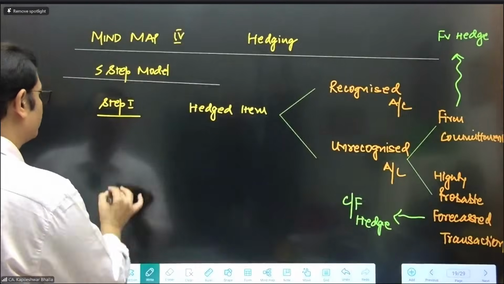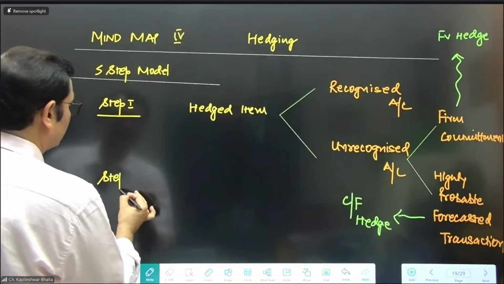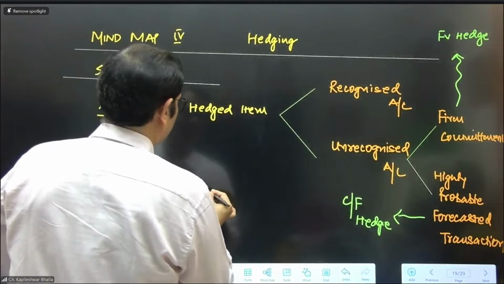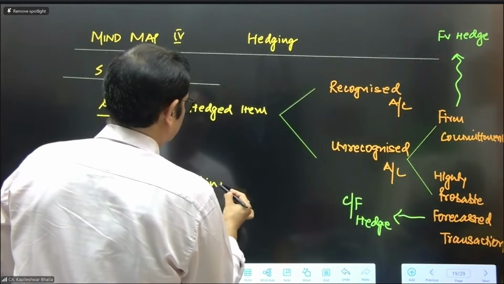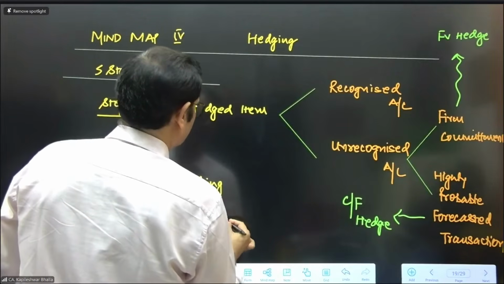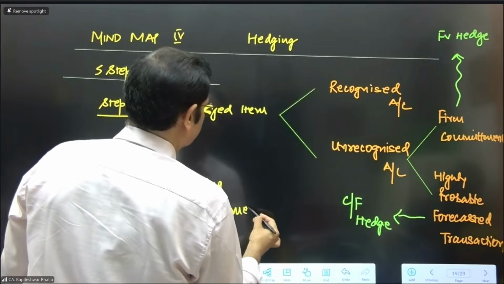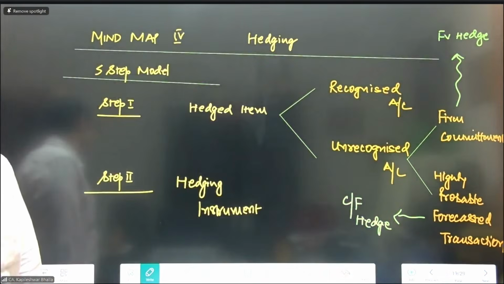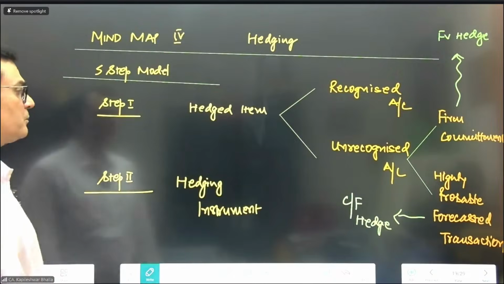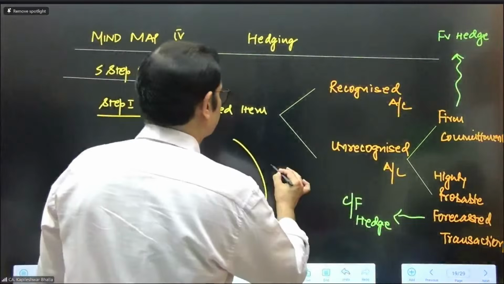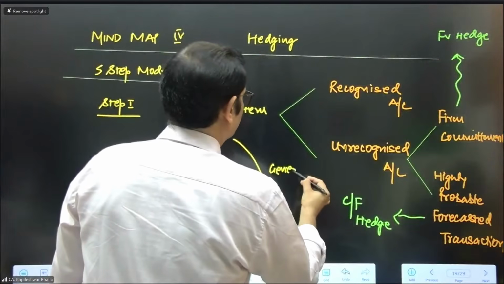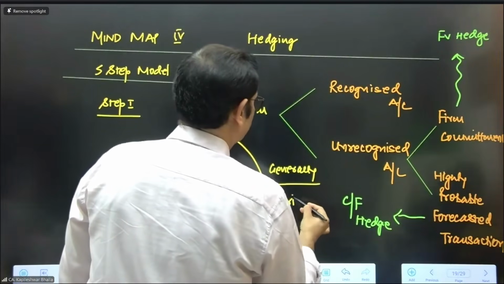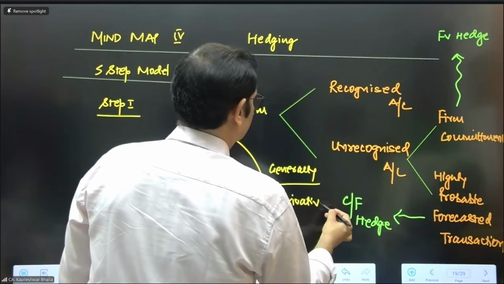Then the step number 2. In terms of step number 2, you need to get what is called a hedging instrument. So basically the tool with which the protection is done. In this particular case, generally when you carry out hedge accounting, the derivatives are used as the hedging instrument.